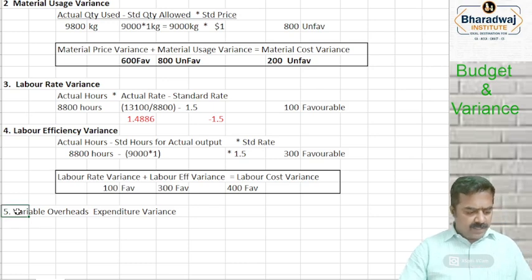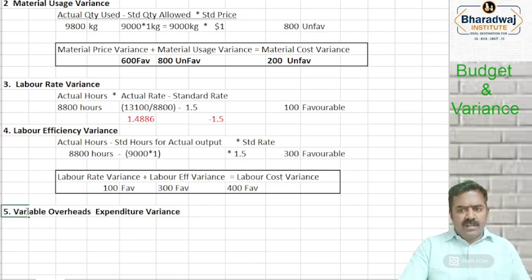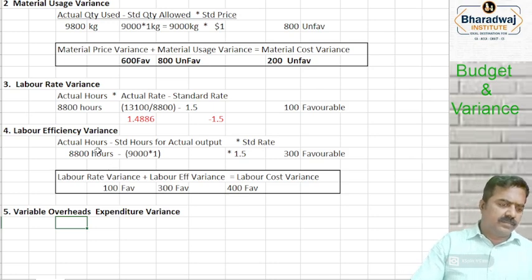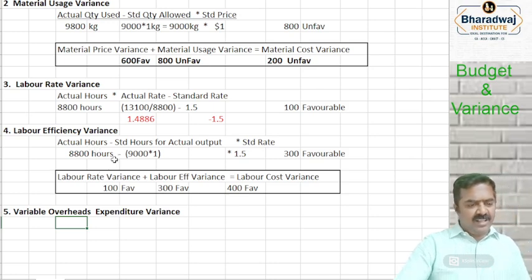Variable overhead expenditure variance, or we can say rate variance. How to work out this? Any idea?